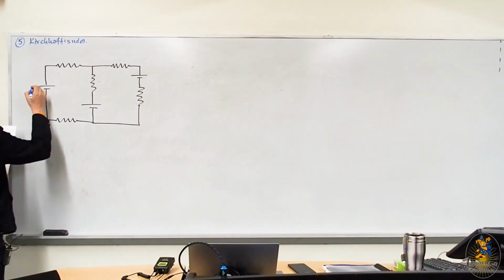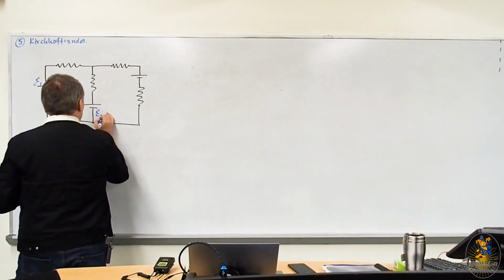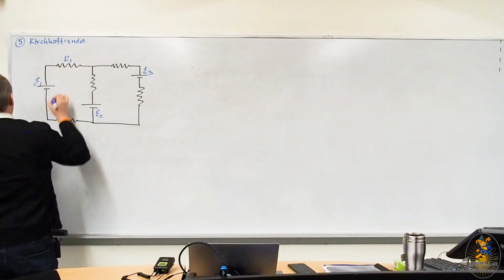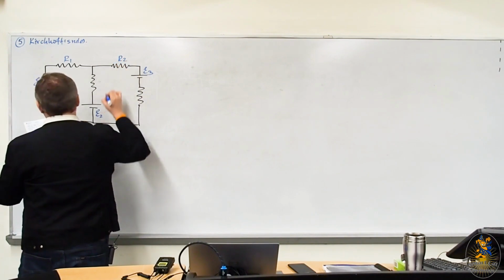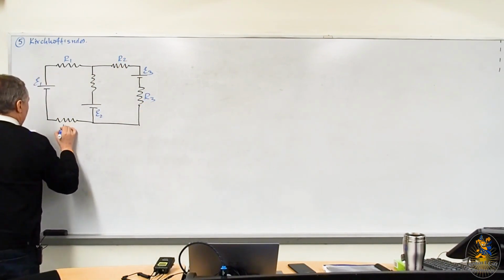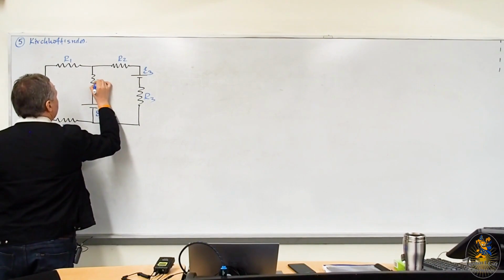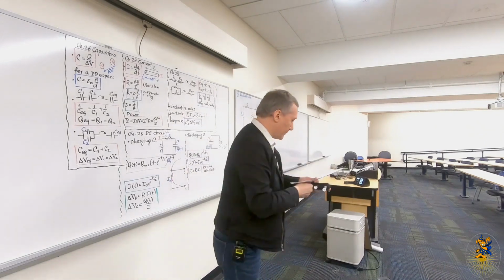So now let's label EMF 1, EMF 2, EMF 3, R1, R2, R3, R sub 4, and the middle one, R5. Okay, so now let me write down the numbers.